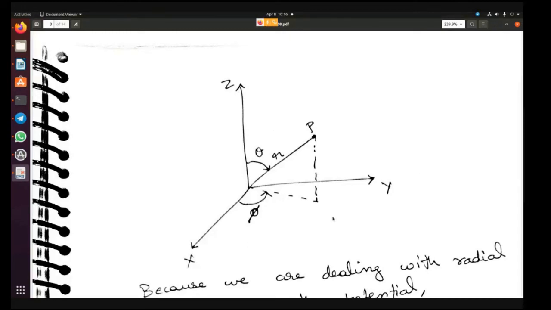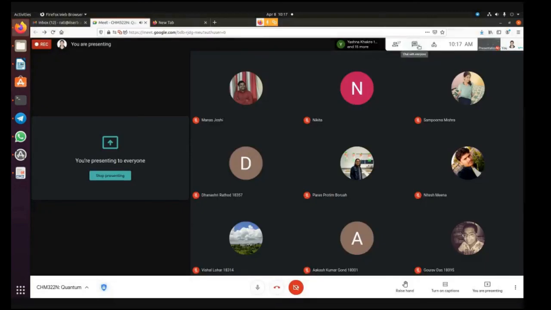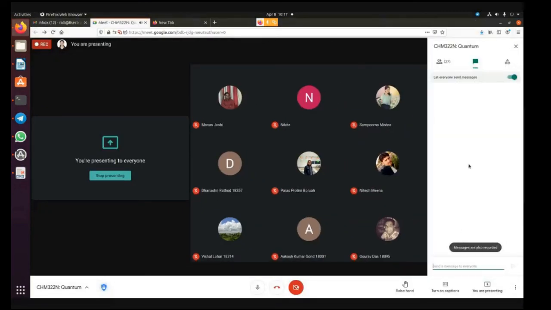Now, does anyone remember what the spherical coordinates are? How would you define the spherical coordinate system? I think we learned it in the previous course. What I'm asking you is, what are x, y, and z in terms of r, theta, and phi? Please write it down in the chat. Come on, take a guess.